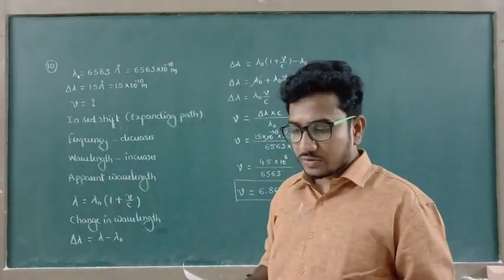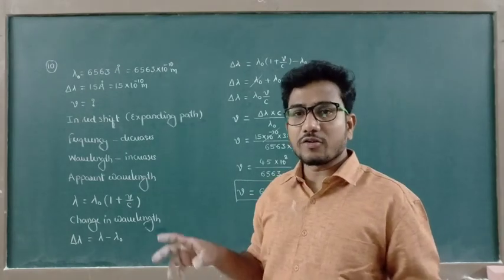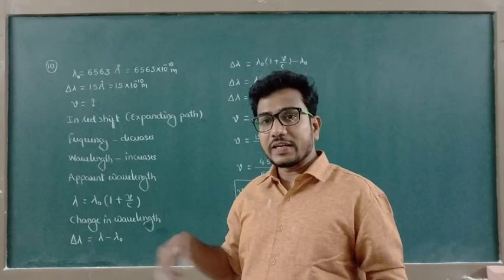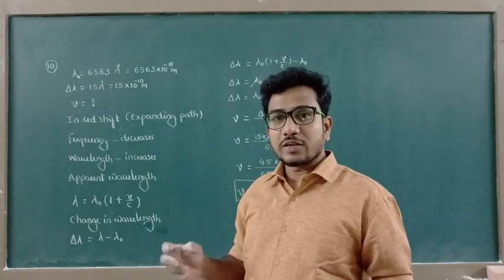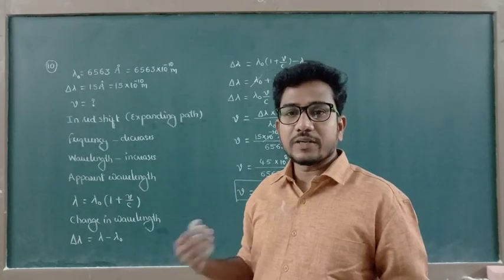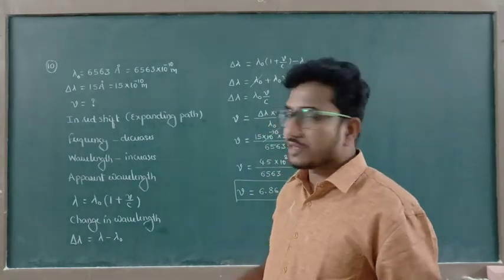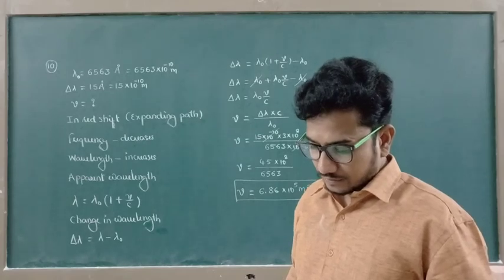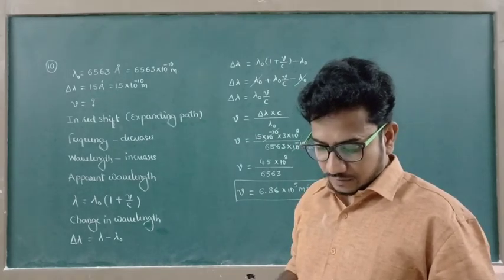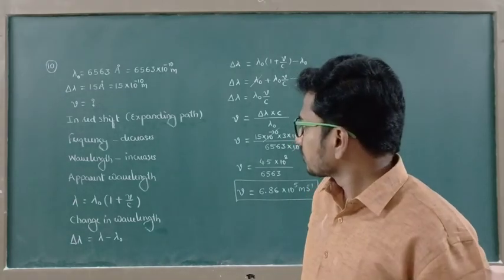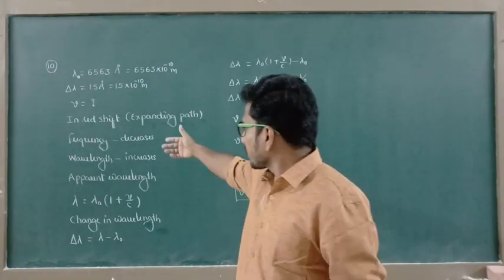The first thing, you should separate all the formulae in this chapter. Then recall the formula again and again. So then you will get the perfectness in that chapter, and you can solve this type of numericals. So these things are not required.